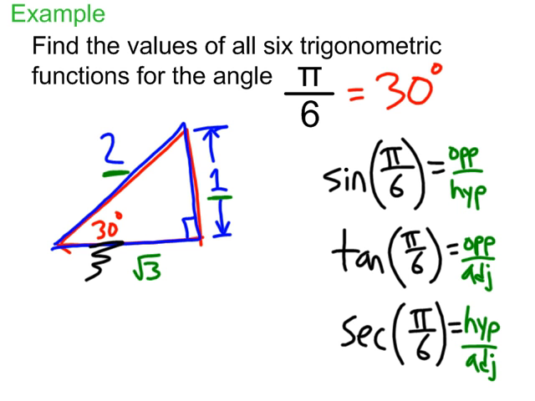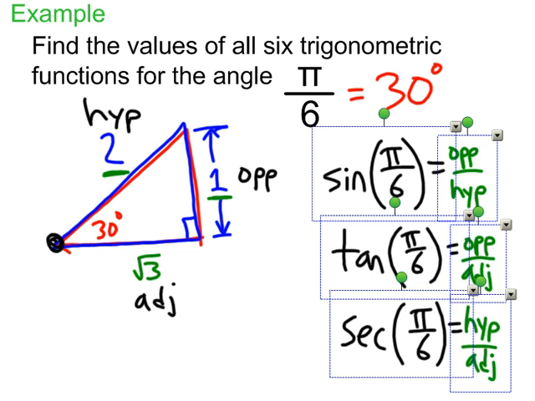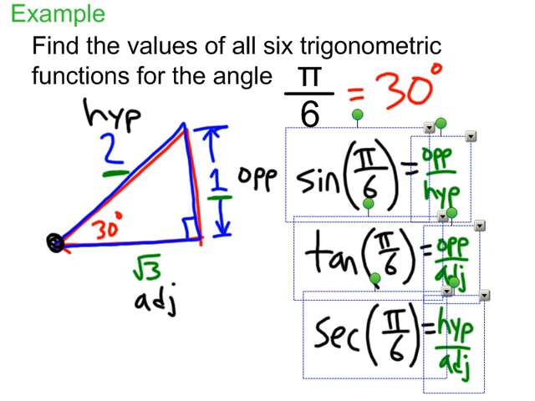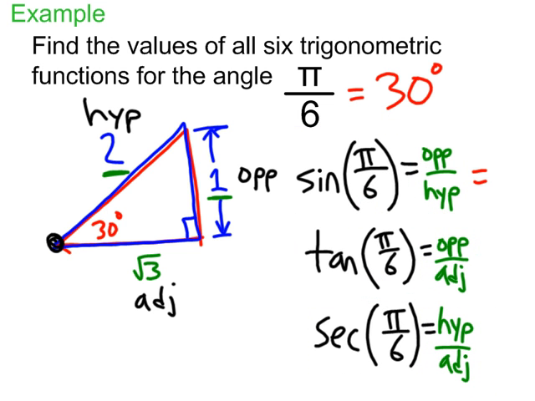So if we're standing at that 30-degree corner right here, this would be the opposite, this would be the adjacent, this would be the hypotenuse. Therefore, for those three functions, the sine would be opposite over hypotenuse, so that would be 1 over 2.